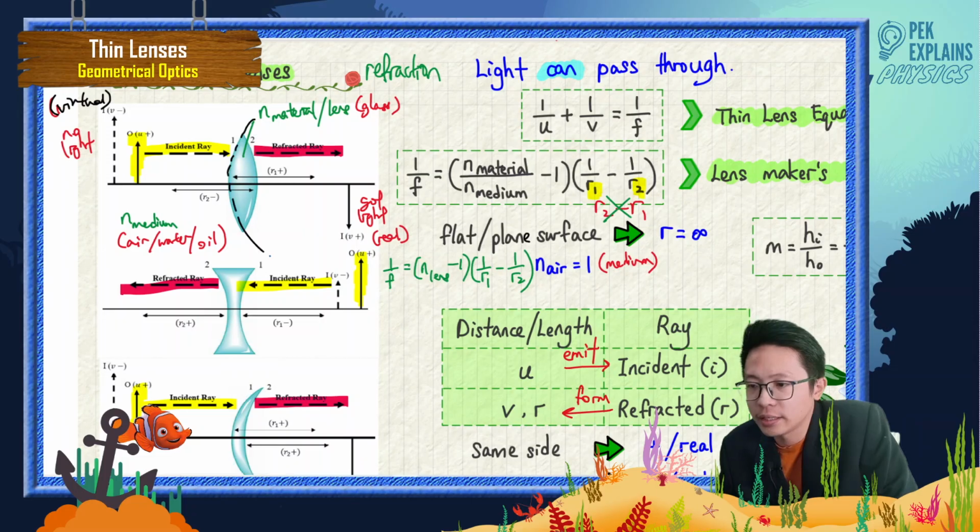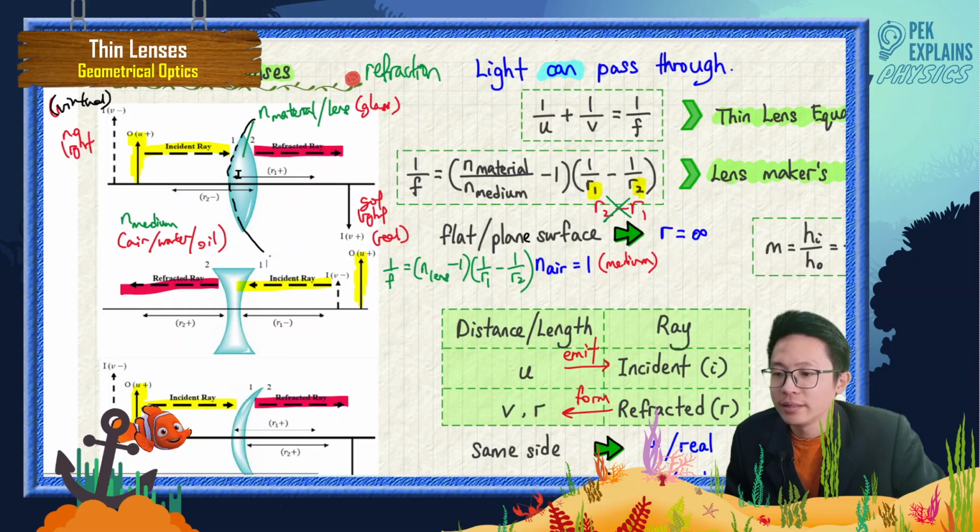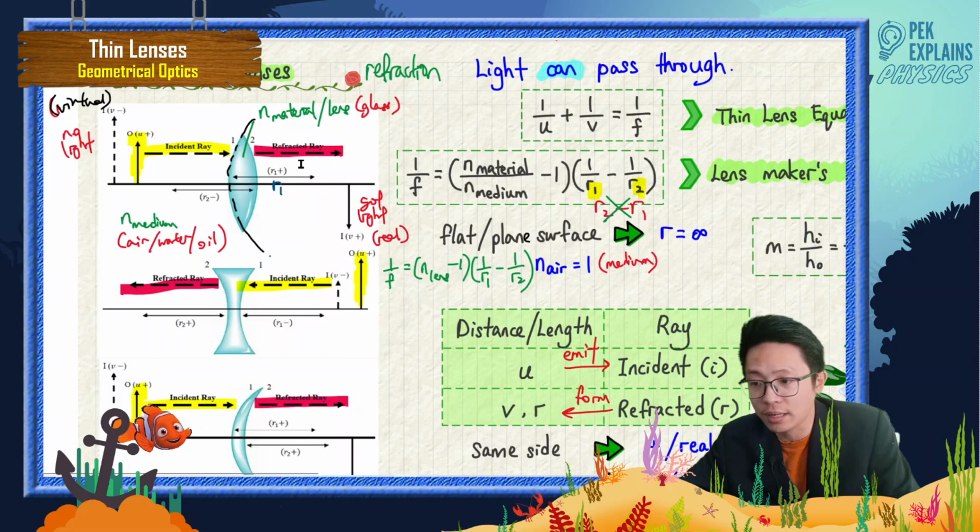This is R1, on the same side as the refracted ray, so R1 is positive.